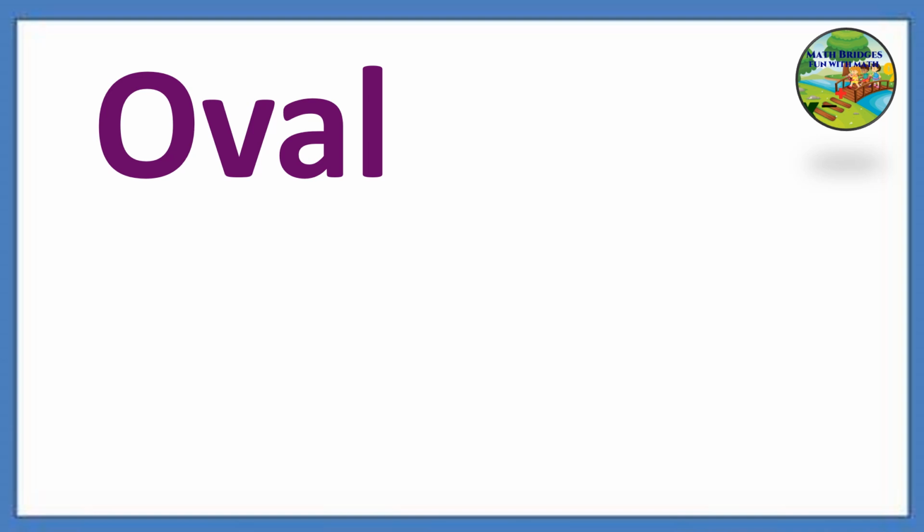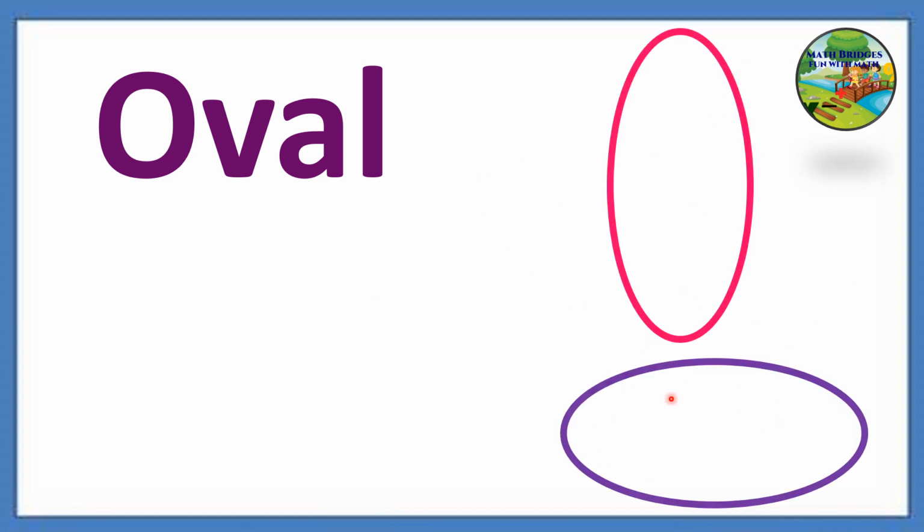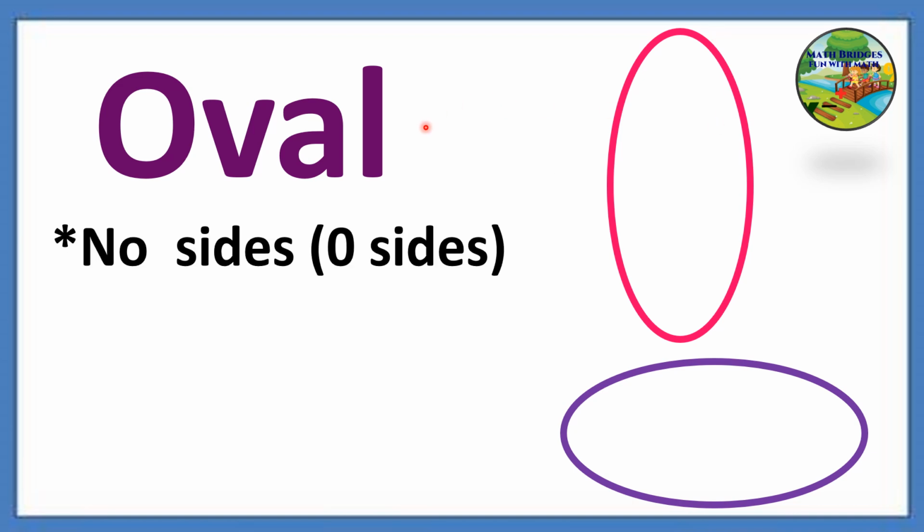Coming to the next plane shape, it's oval. This is oval shape. It can be drawn like this also. Whether horizontally or vertically, you have to consider it an oval looking at the shape. So can you make out how many sides it has? Yes, it has 0 sides, means no sides. Straight lines are known as sides. So it does not have any straight line over here. That's why it's a curved surface.